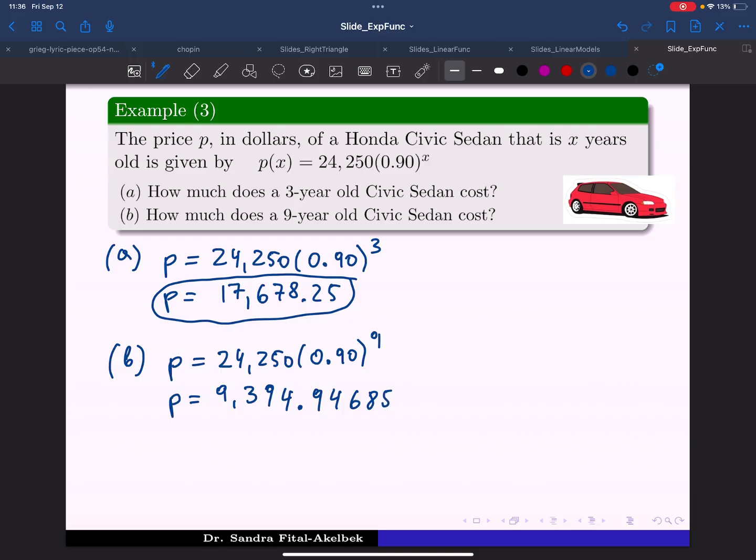So we always round to the nearest cents, to 2 decimal places. So the price is $9,394.95.